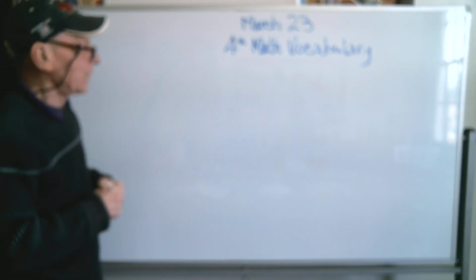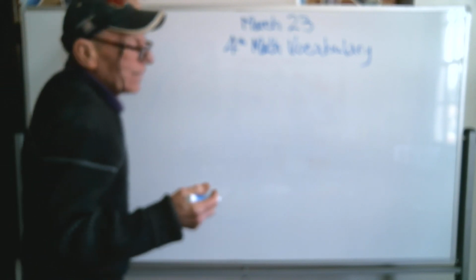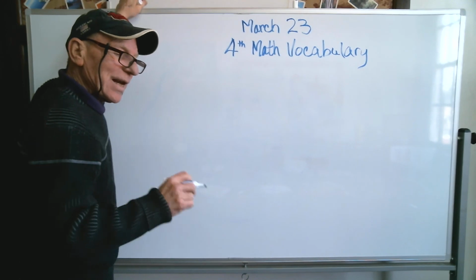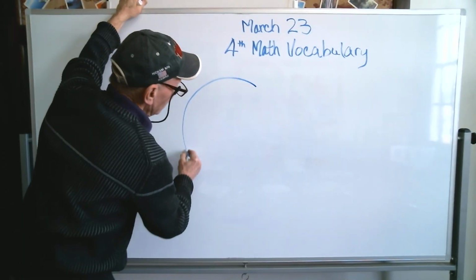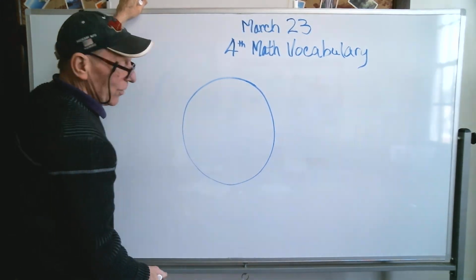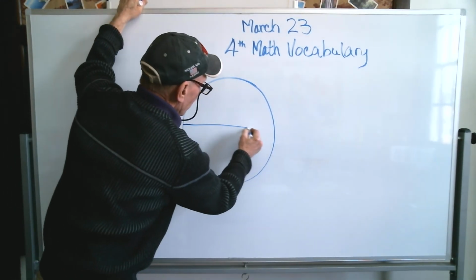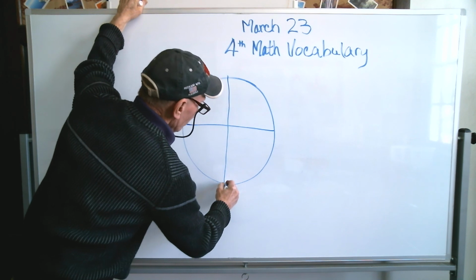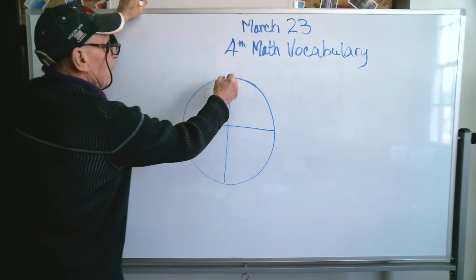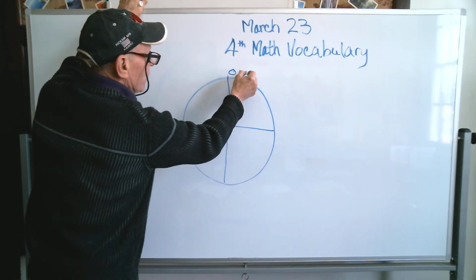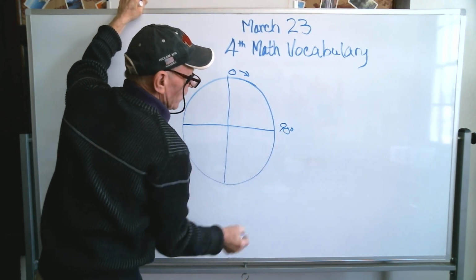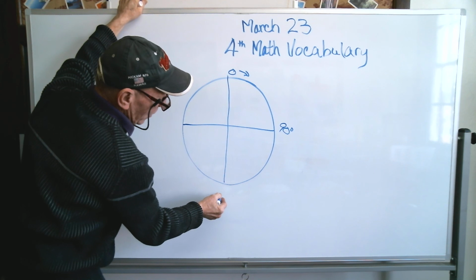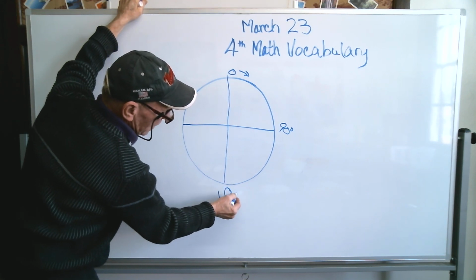Right angle. A right angle, by definition, is any angle that's 90 degrees. So, looking at our circle, if we cut that into fourths, and we start at 0 and go this way, this is 90 degrees. You add another 90 degrees to it, this is 180.